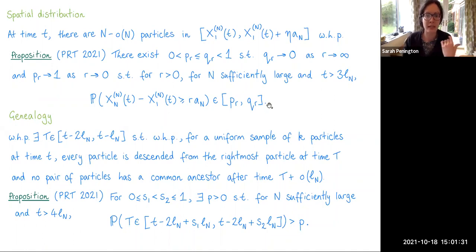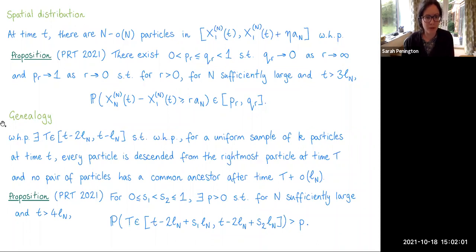So essentially this is saying that the diameter of the cloud of particles is of order an. Our main result says that almost all of the particles are very close to the leftmost particle on this an space scale. This result then says that there are a few outliers that are actually distance order of an away, but most of the particles are clumped very close to the leftmost particle.